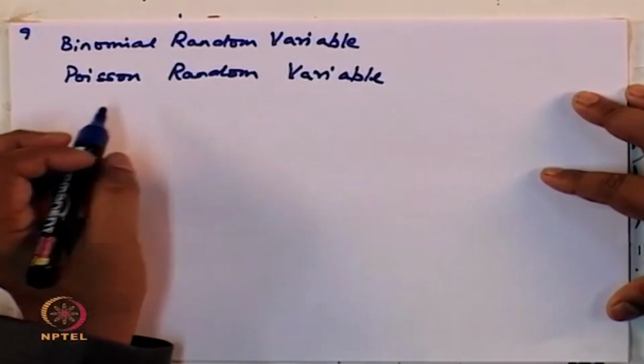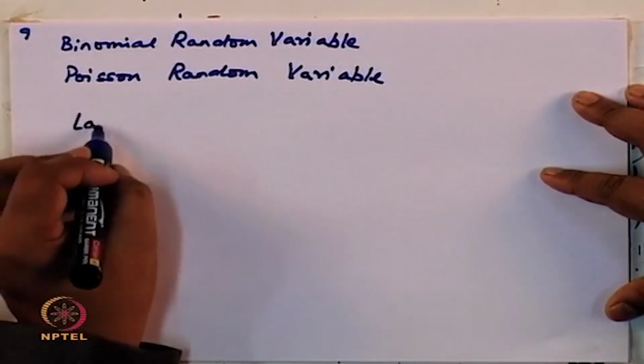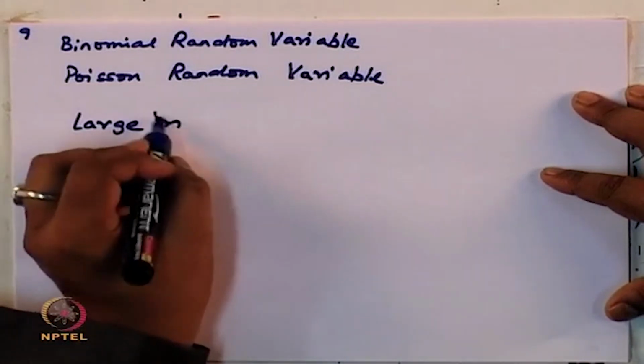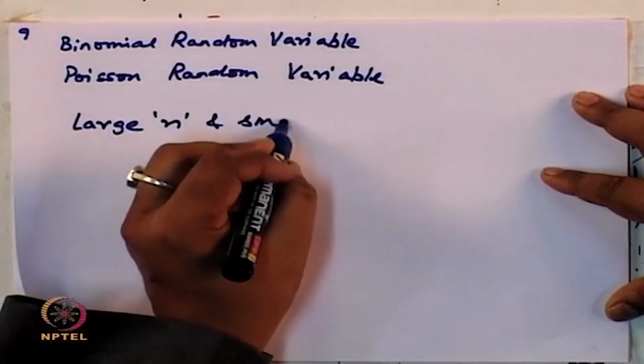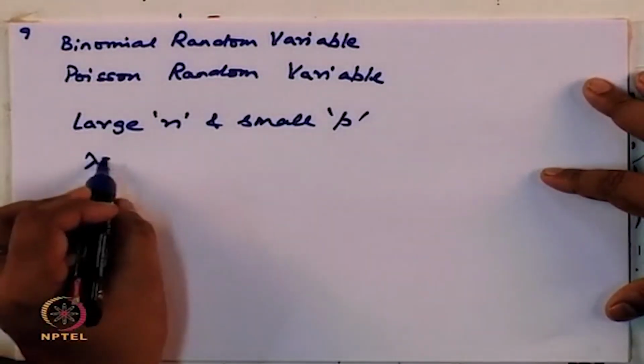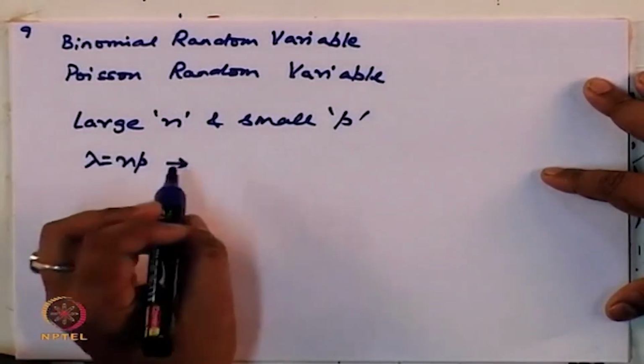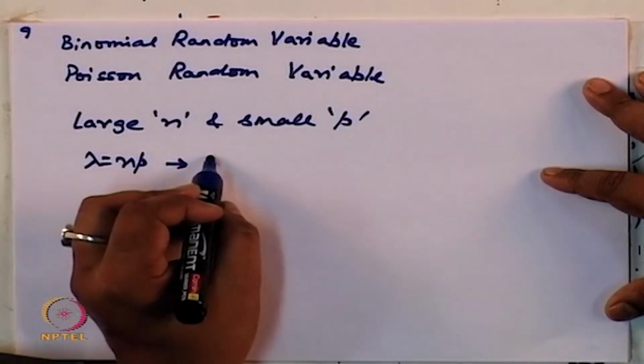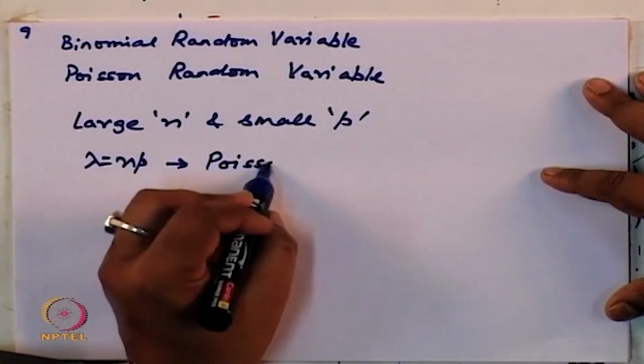So, it can be shown that for large n and small p, where lambda is equal to np, we will have the Poisson random variable.